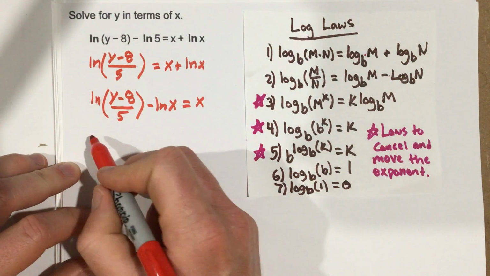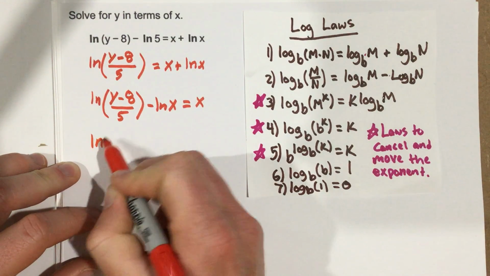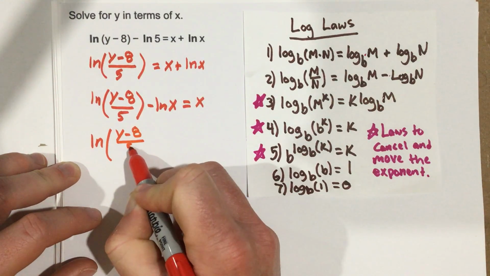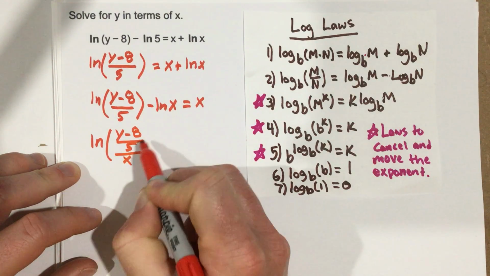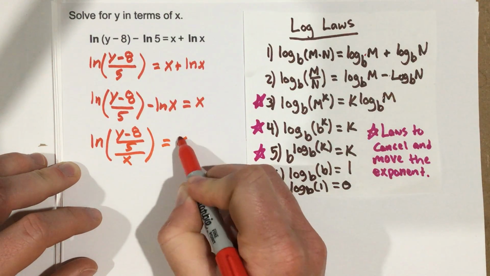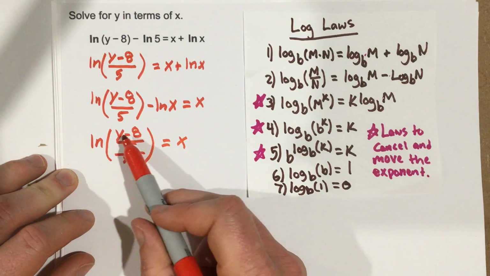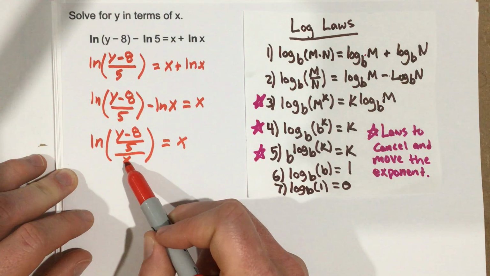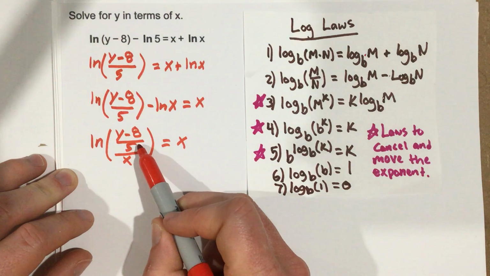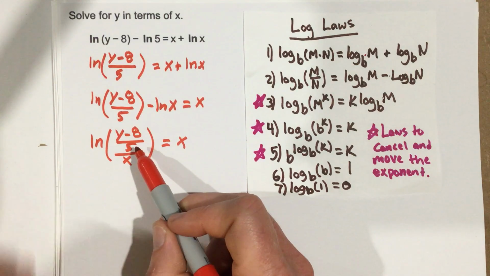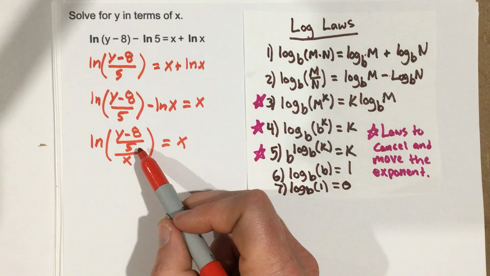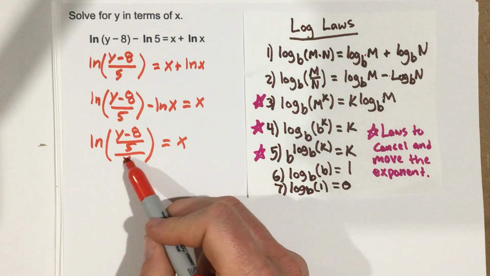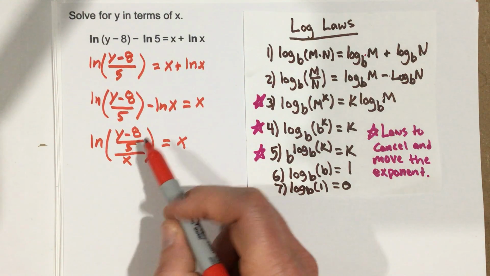So really how this is going to look is I would say natural log of y minus 8 over 5, over x, equals x. But when I take a fraction and divide by another number, that number just ends up going into the denominator of this fraction. So this x is going to end up in the denominator of the fraction.